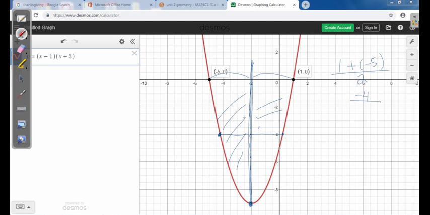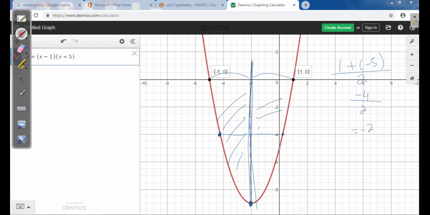So my axis of symmetry is passing through negative 2. It's the x value of the vertex, so I already found half of the vertex. Now my job is to find the other half, which is the y value.